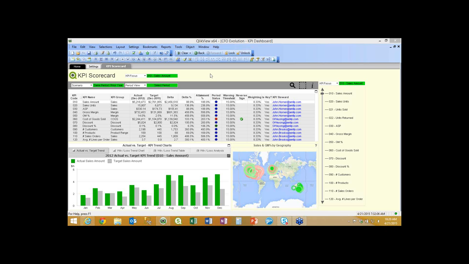This is a sales-related KPI scorecard, and it's based upon a fictitious company. The company sells bikes across the world, in a global environment. So you can see the scorecard here. We have some different sections. We have the KPI scorecard table at the top here. We have some KPI trending, and then a geographical visualization of the KPIs in the bottom right sector there.